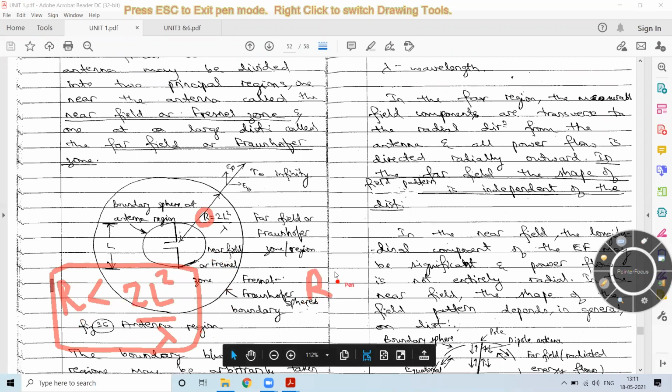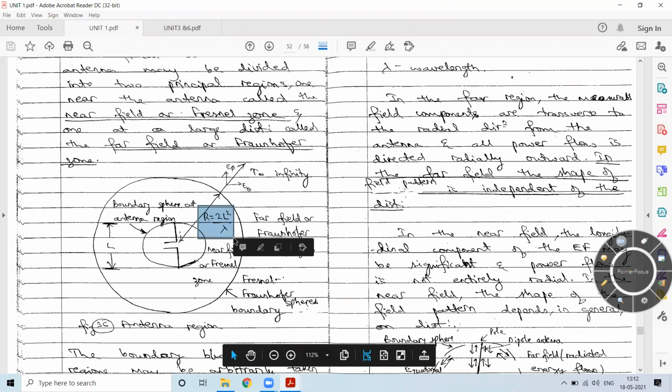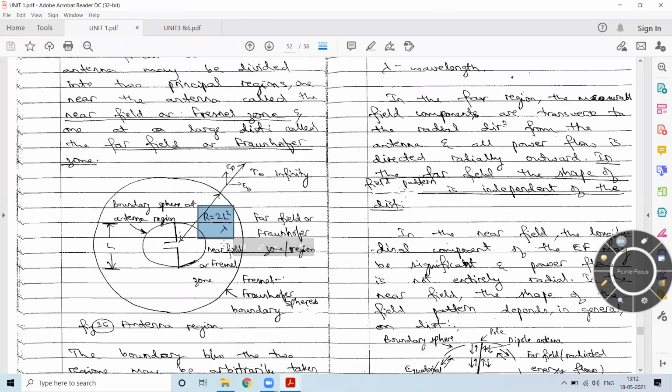But if it is greater than or equal to 2 times L square by lambda, that is, 15 kilometers is greater than this value we have estimated, then we consider that the point under consideration, or the radiation measured, is actually in the far field. So if R is less than 2 L square by lambda, the point falls in the near field zone or the Fresnel zone. And if R is greater than or equal to 2 times L square by lambda, then the point falls in the far field region or Fraunhofer zone.